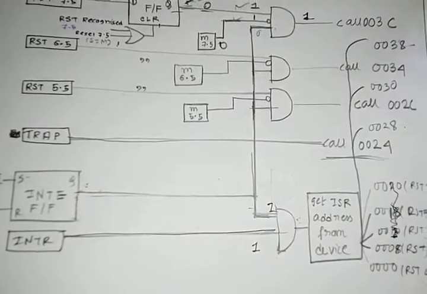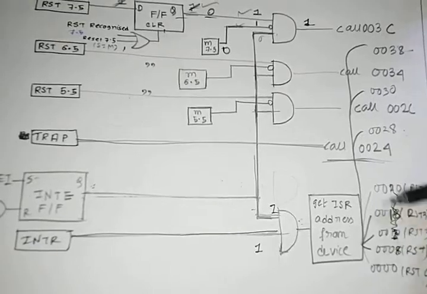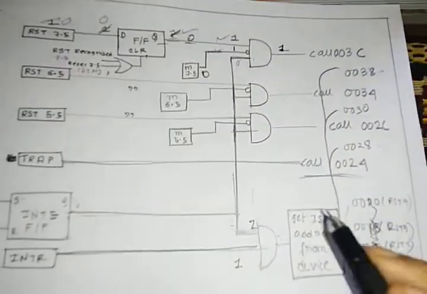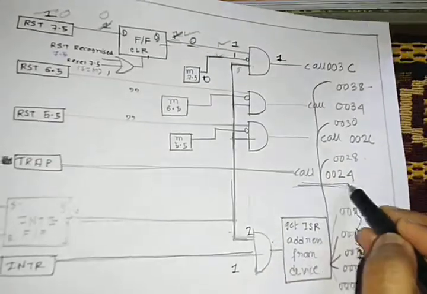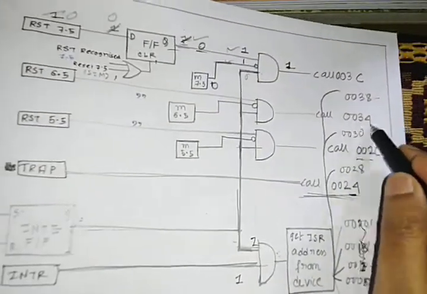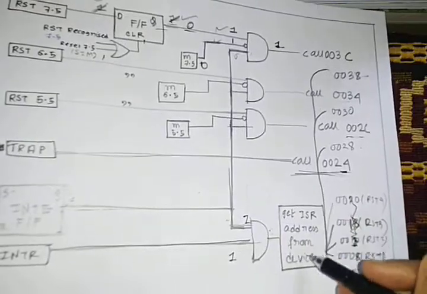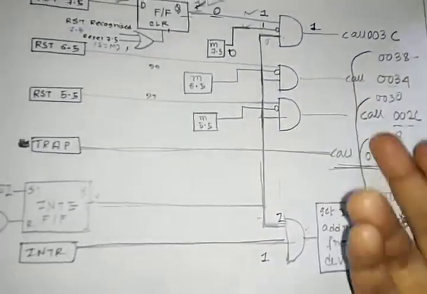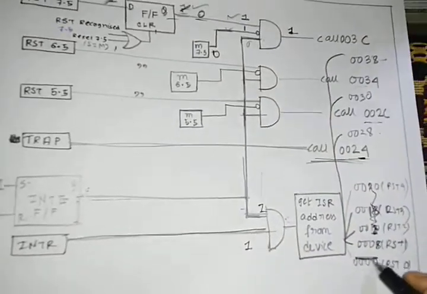Don't bother. This will produce any other address and your interrupt gets executed. So please be specific for these calls 0024, 002C, 0034 and 003C only, and for the others random addresses will get executed, so don't get bothered by these not important addresses.